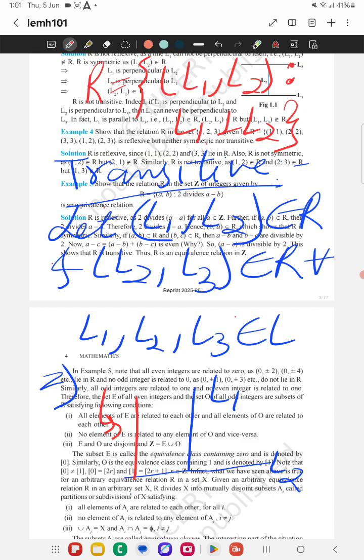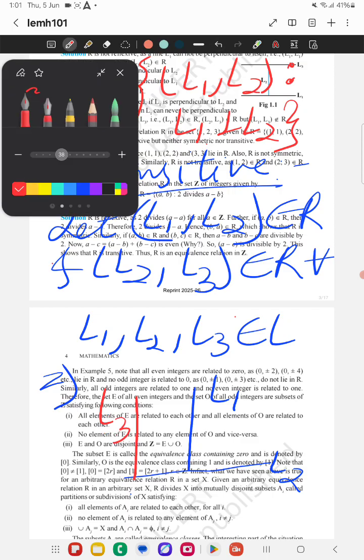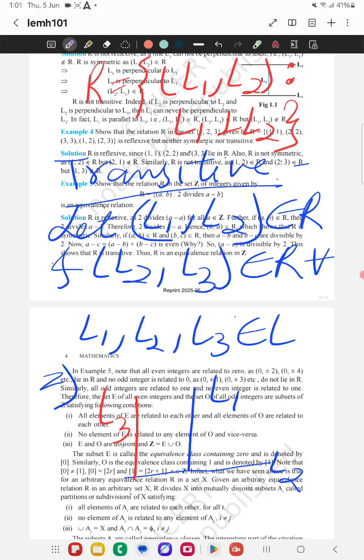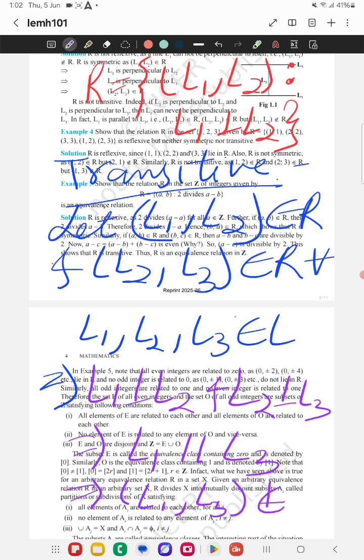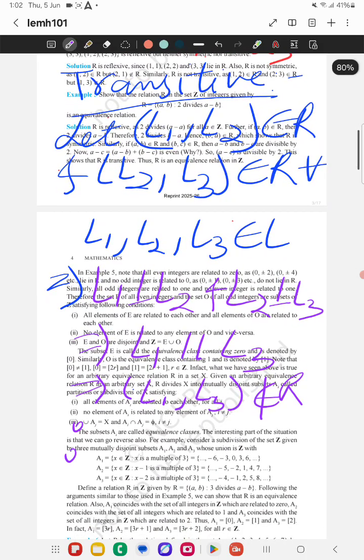Then what do you conclude? That L1 is parallel to L3, which implies that (L1, L3) does not belong to R. Therefore R is not transitive.